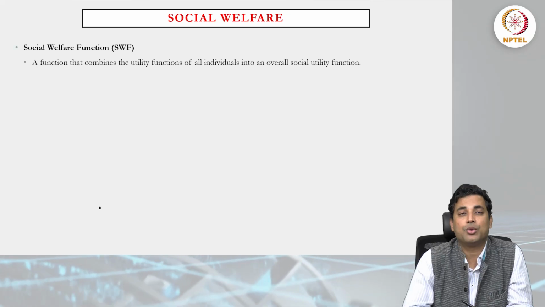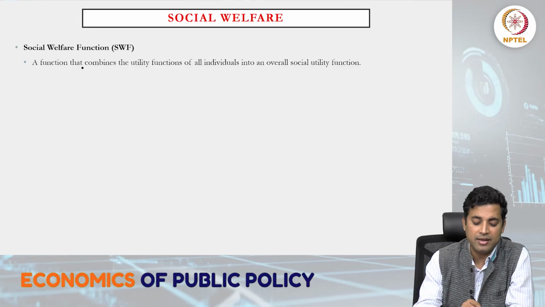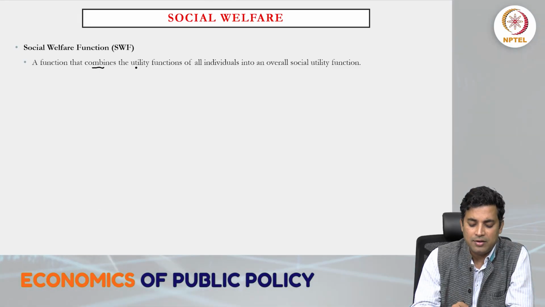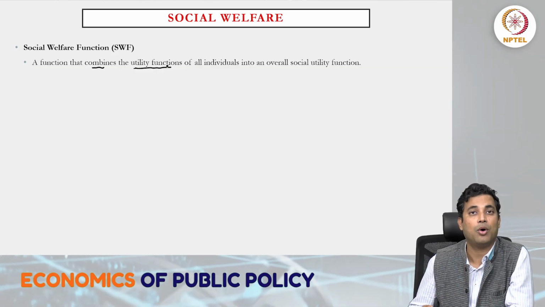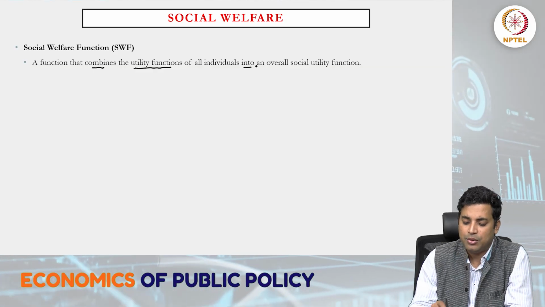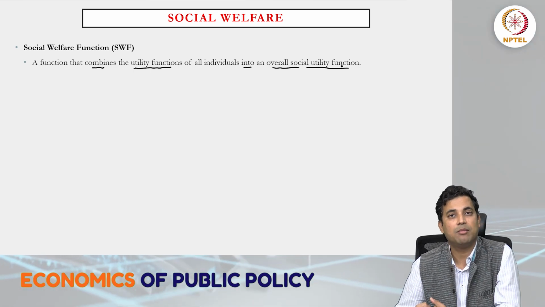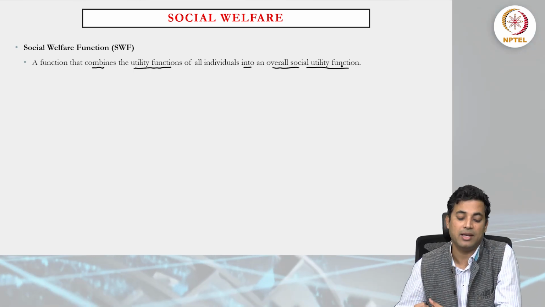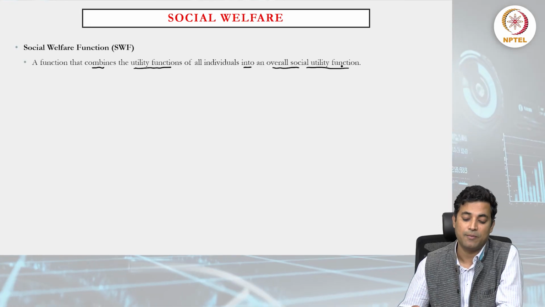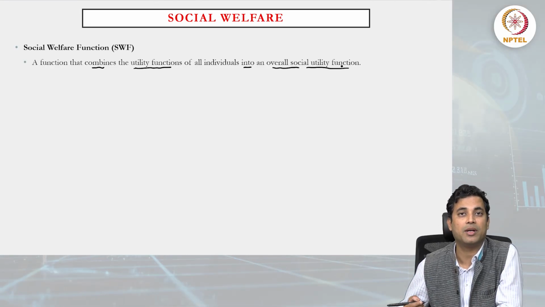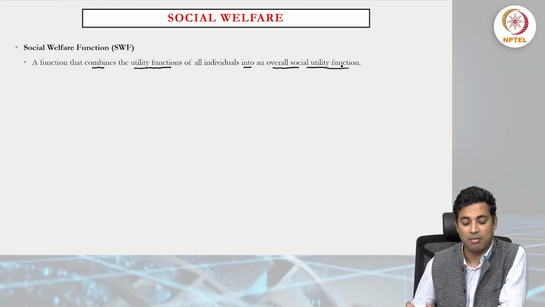So what is a social welfare function? It is a function that combines the utility functions that we are getting from all the individuals into an overall social utility function. This is similar to the concept we also get in the context of market demand, like horizontal summation of all the demand from the individual consumers. That is what we got in the demand function.